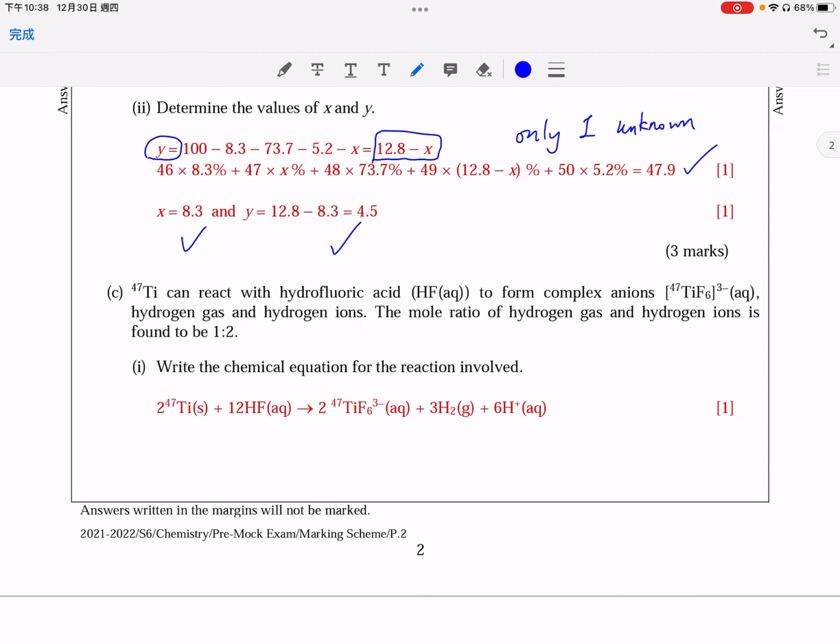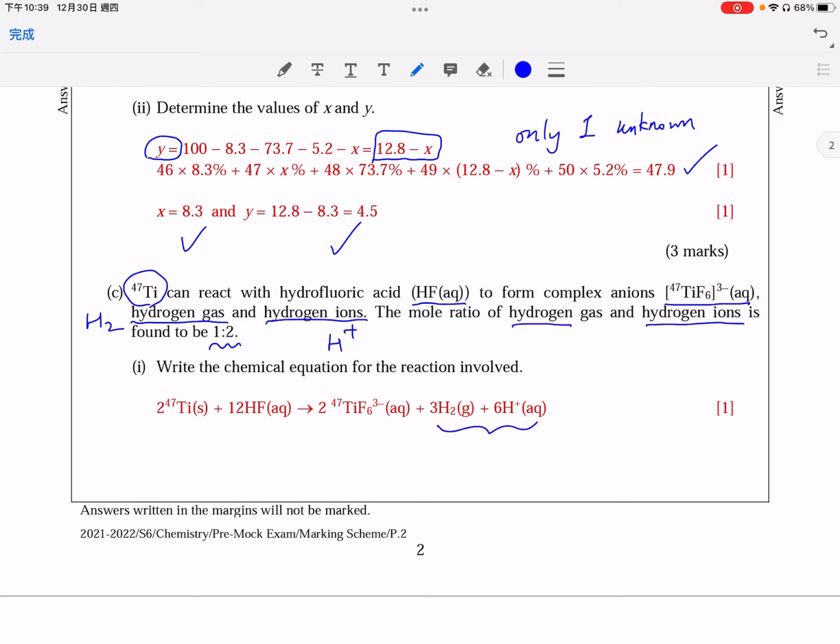Part C, actually you are just required to follow the instructions given by this question. So Ti reacting with HF to give this complex anion, and hydrogen gas, of course H2, and hydrogen ions, of course H+. And you are further provided the mole ratio, hydrogen to hydrogen ions being 1 to 2.